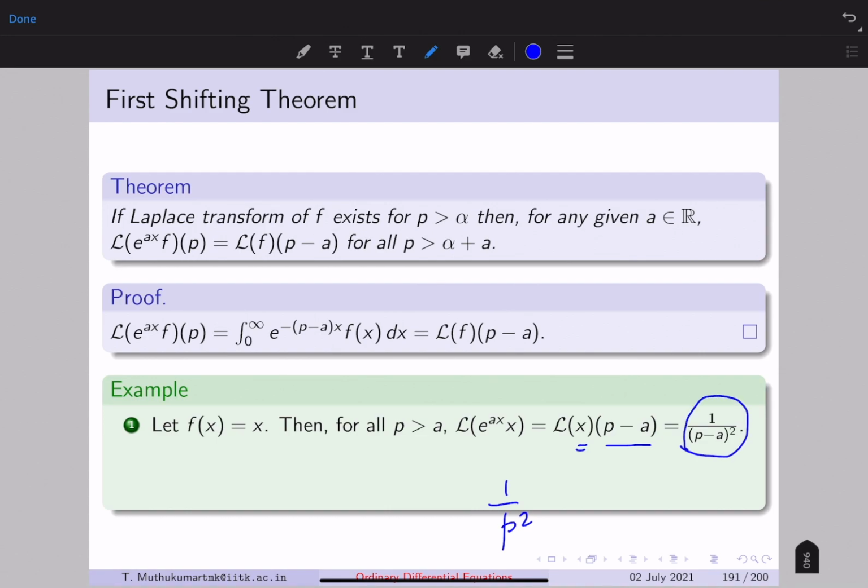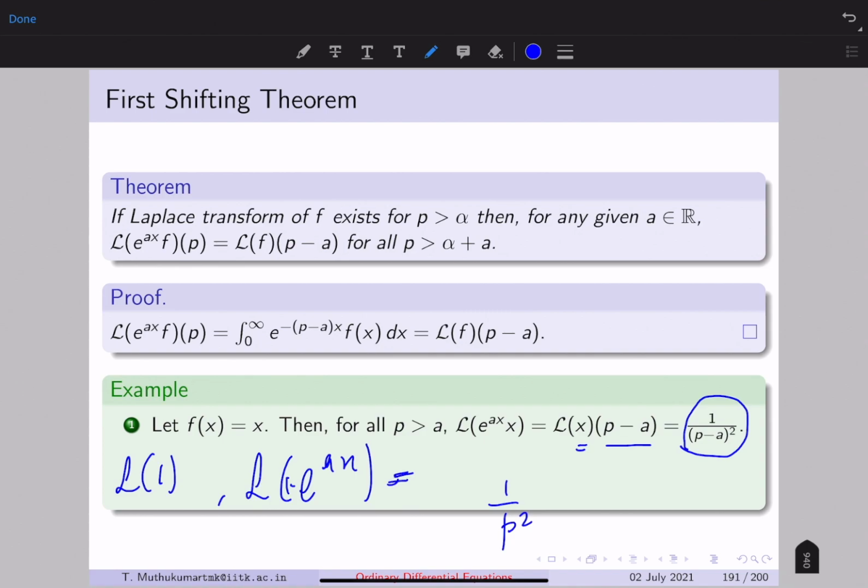Okay, in the previous lecture we had computed the Laplace transform of 1. We had also computed the Laplace transform of e power ax, if you recall, right? We have done both in the previous lecture. Notice that e power ax can be thought of as 1 times e power ax, right?